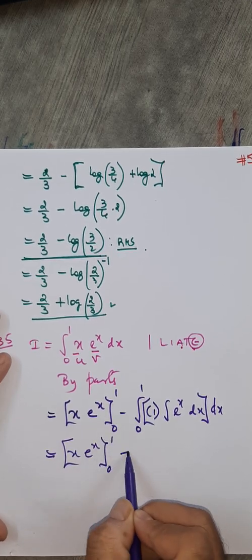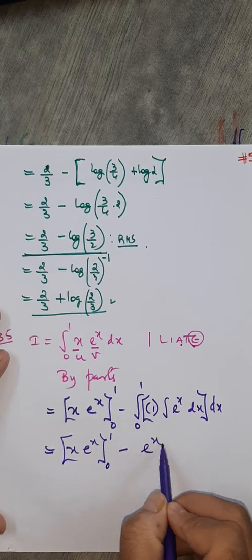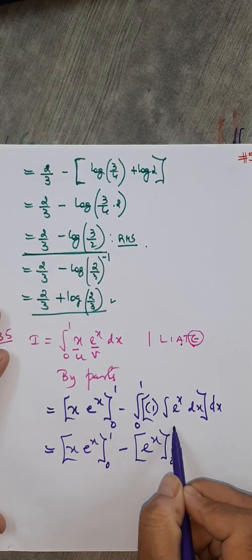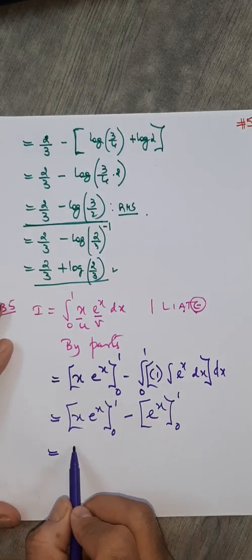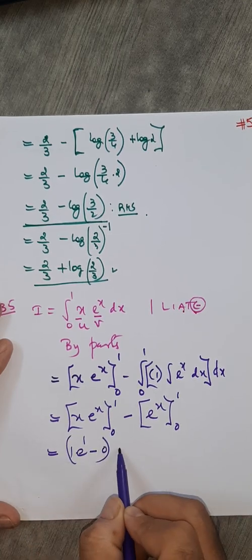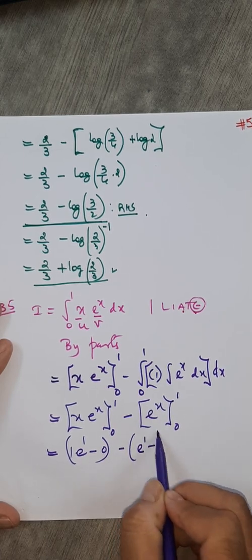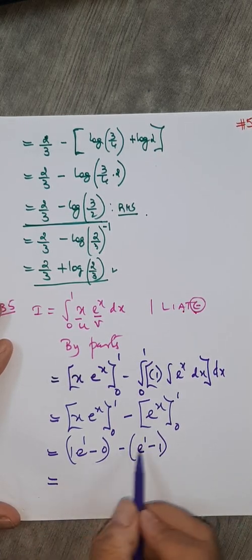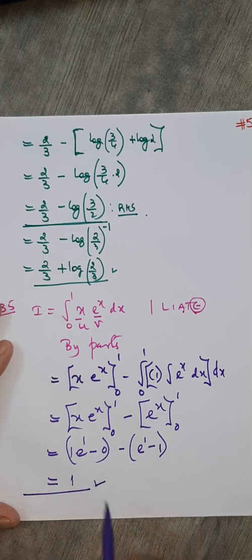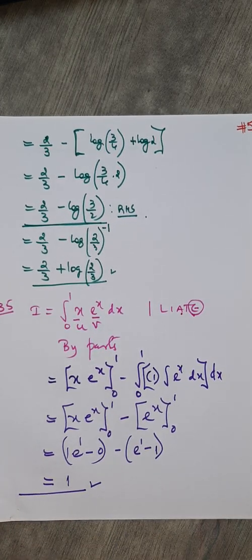Here e raised to x, and then again integration and then limits. So 0 to 1. Now put upper limit 1 into e raised to 1 minus 0. Here e raised to 1 minus e raised to 0, which is 1. So e will get cancelled, so we'll get 1. This is what integration by parts is.